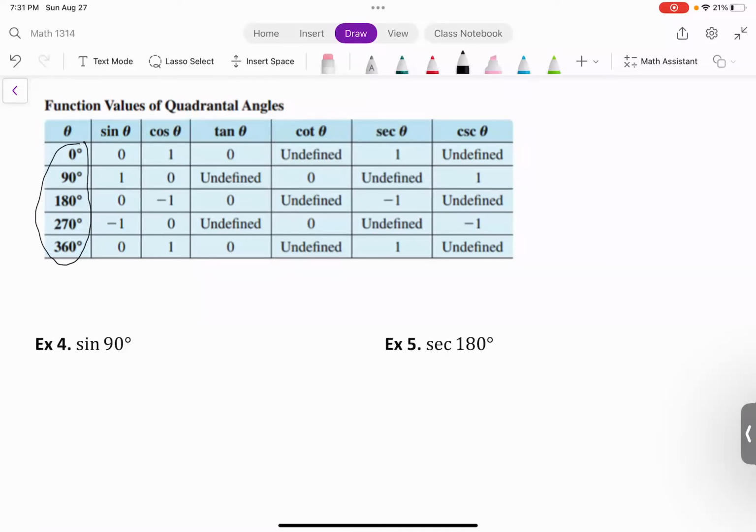All right. You don't have to memorize this table, but you must know how to find the value, like sine 0 degrees, tangent 90 degrees, and how to find the secant 270 degrees. So you need to find the points on the terminal side and then take the ratio, and then find the value of the trig function.